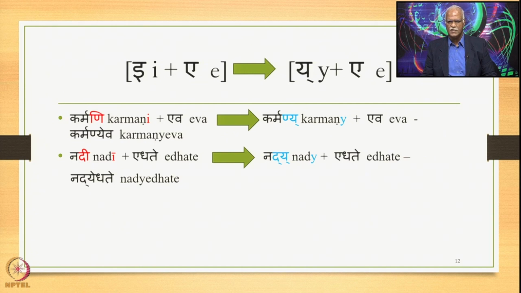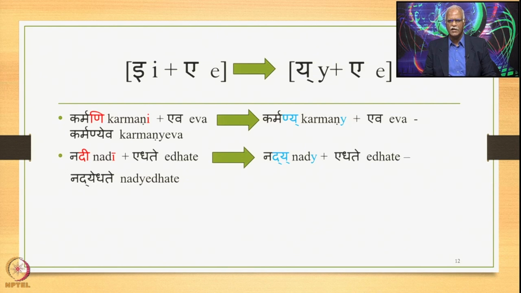Then we have Ekara, E plus A and 6177 applying and generating the output in the form of Ya plus A. So we have Karmani Eva, where E is followed by A and the output generated is Karmanya Eva. And similarly, Nadi Edhate, and we have the output Nadya Edhate, Nadyedhate.